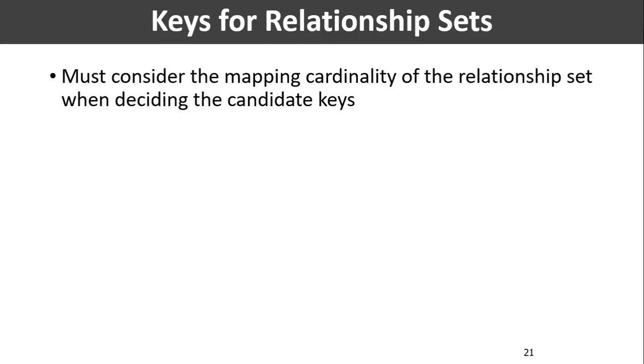So if we want to find out the candidate keys for the relationship set, then we need to consider the mapping cardinality of the relationship set to decide the candidate keys. I'll repeat, we need to consider the mapping cardinality of the relationship set to decide the candidate keys, right?